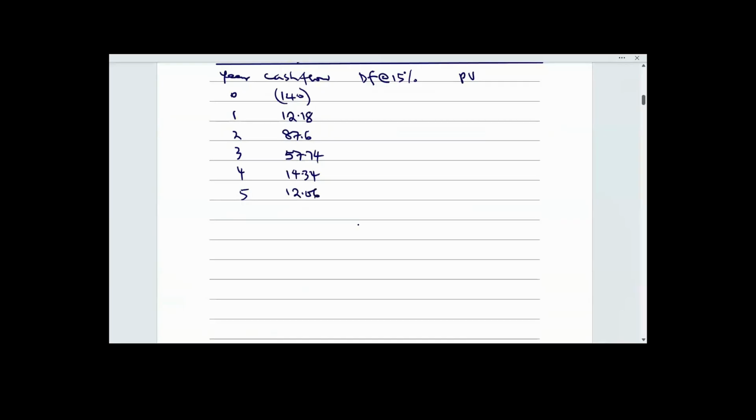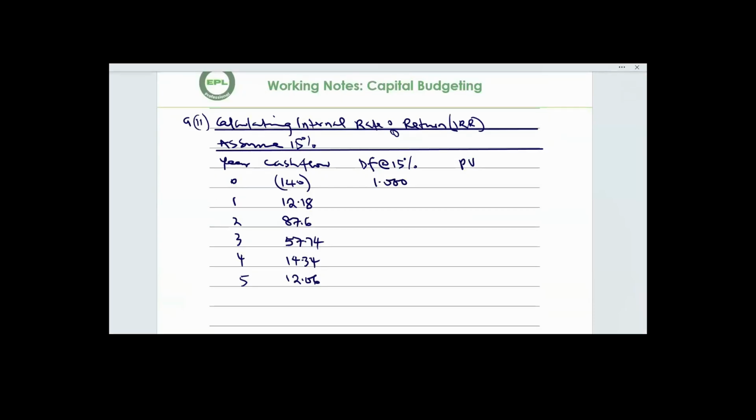Now, discount factor at 15% for year 0 is 1. At 15%, discount factor for year 1 will be 1.15 raised to power minus 1, equal 0.870.